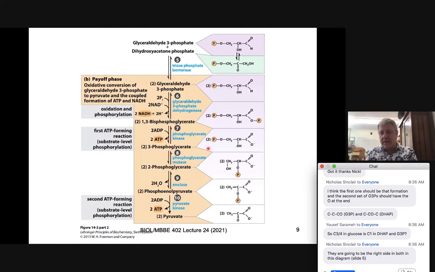And so we're going to see this particular phosphate group move over to this position here, and this become a hydroxyl, and this become a phosphoester bond.